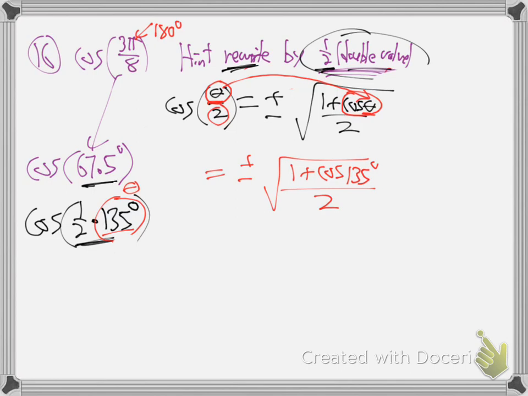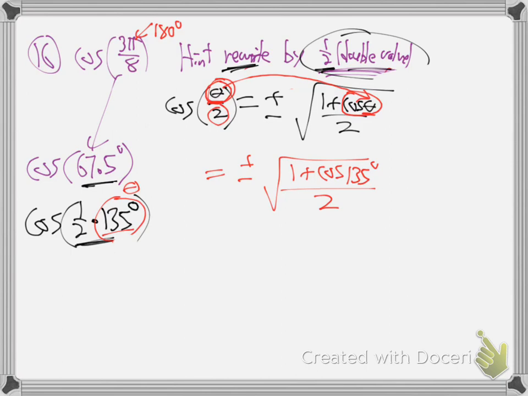See how that's what math is all about, being more and more careful with patterns. So the theta is 135 in that formula. That's how we use the half angle formula. Whatever angle's on the top, that goes right there. Now, what is the cosine of 135?